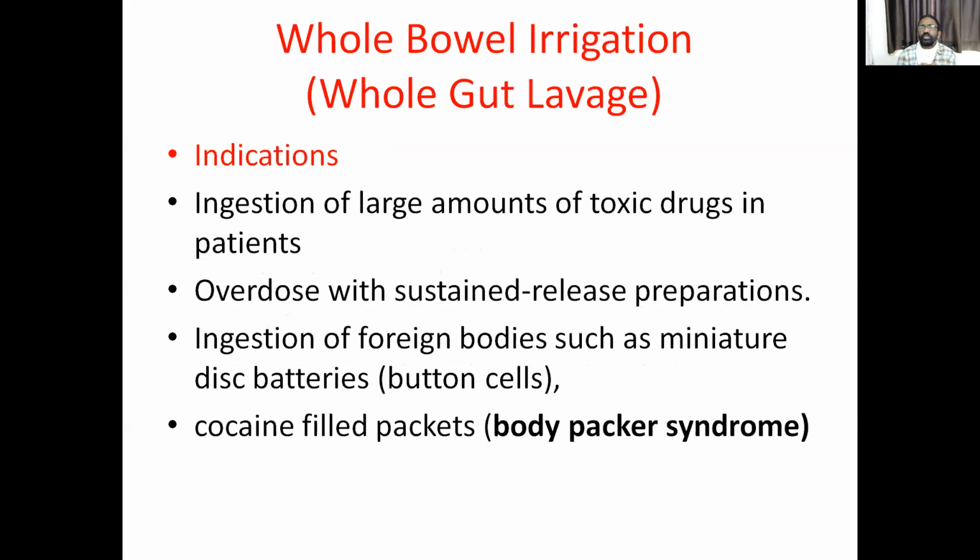The next procedure is whole bowel irrigation, that means whole gut lavage, from the stomach to the large intestine. It is used if the person ingested large amounts of toxic substances, or for smugglers who ingest things like brown sugar, heroin, or other smuggling goods and travel.